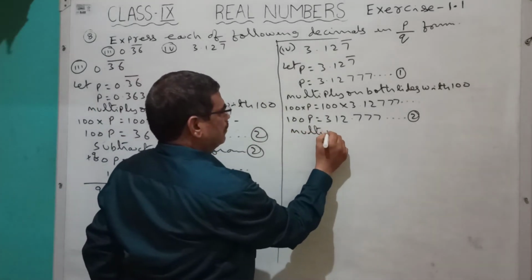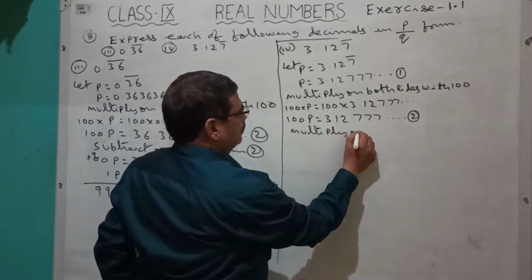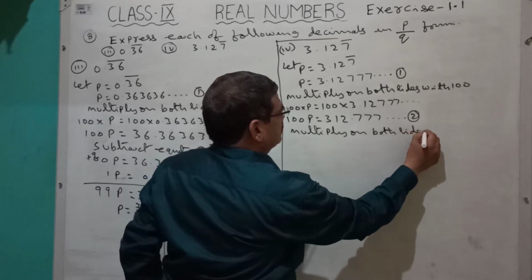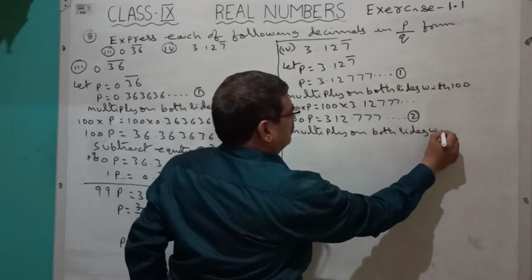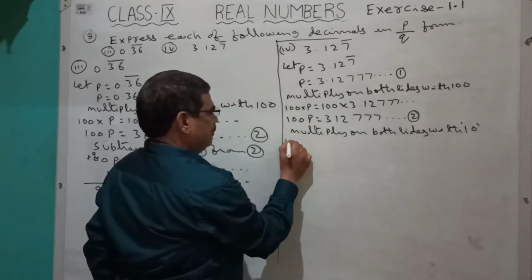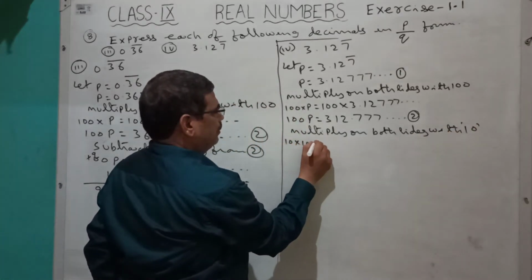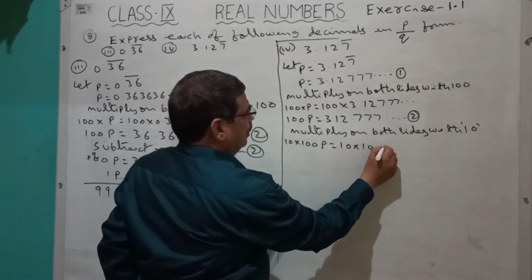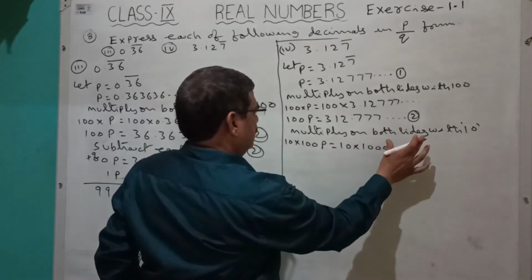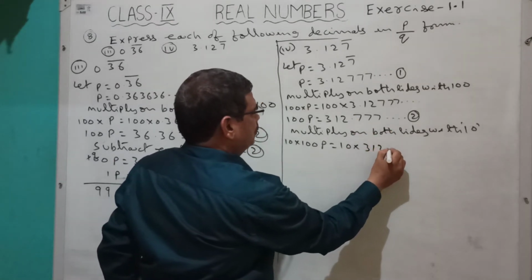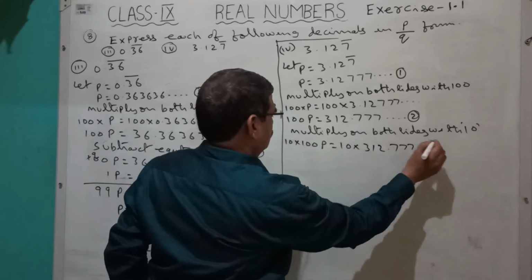Multiply on both sides with 10. 10 into 100 P is equal to 10 into 312.77, and so on.